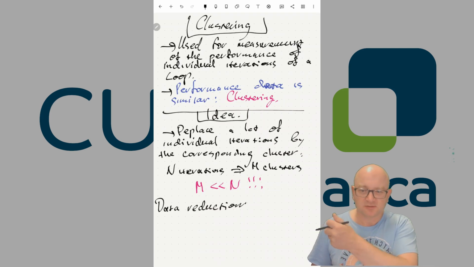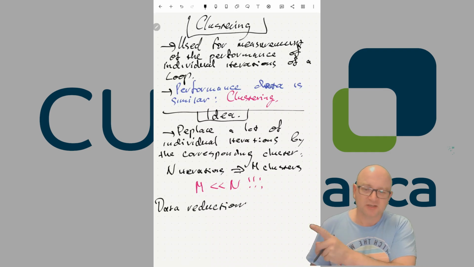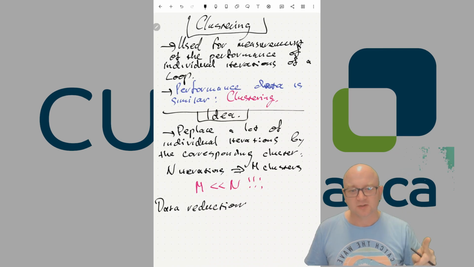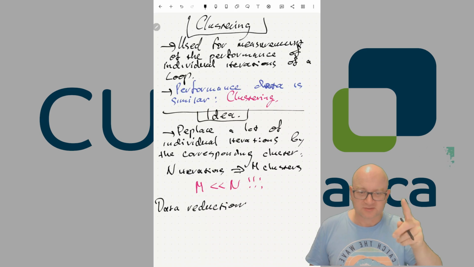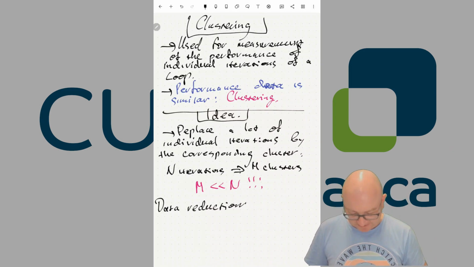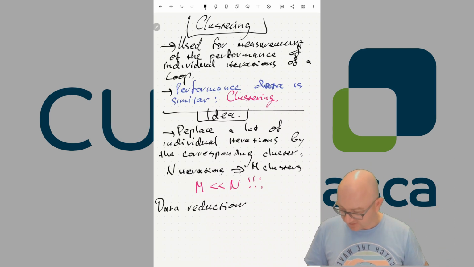You can store 1 second as a cluster, 20 seconds as a cluster, and again 1 second as a cluster. So actually 2 clusters. And then you say cluster 1, 1, 1, 1, 1, and there is cluster 2, 2, 2, 2, and then 1, 1, 1, 1. So we could describe the whole behavior of such a loop using only 2 clusters. That's the main idea in this data size reduction.